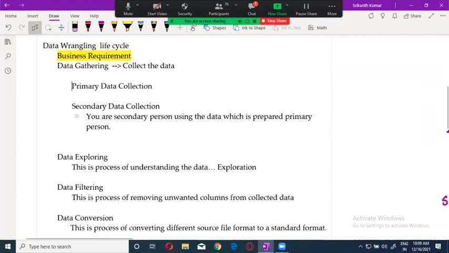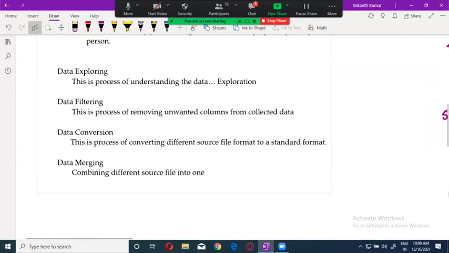One of the major drawbacks of secondary data collection is that we are not sure of the quality of the data we got. Is it fake data or genuine data? We are not sure, because someone else has done the research work and you are trusting that person blindly and implementing it in your project.